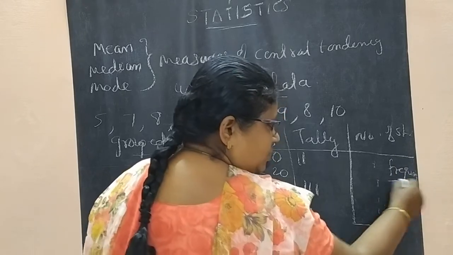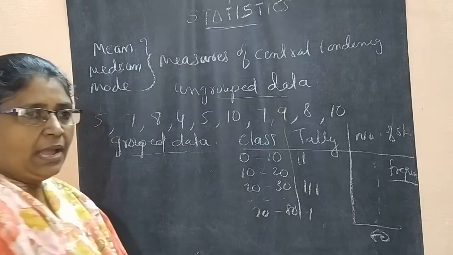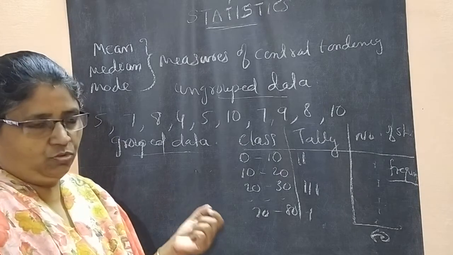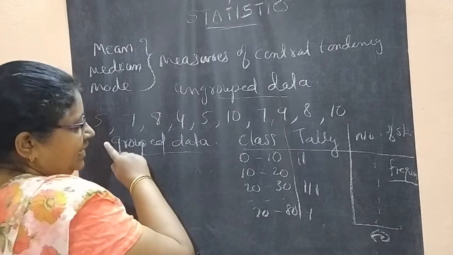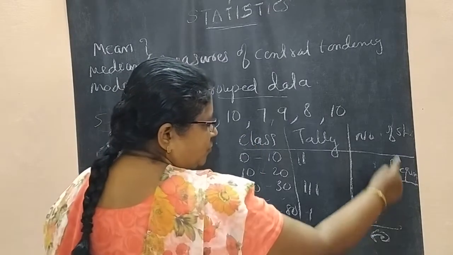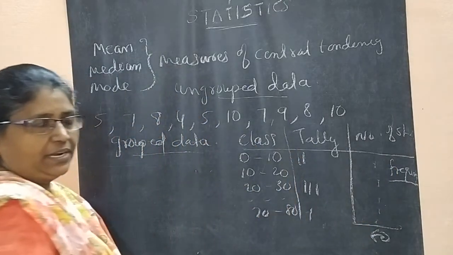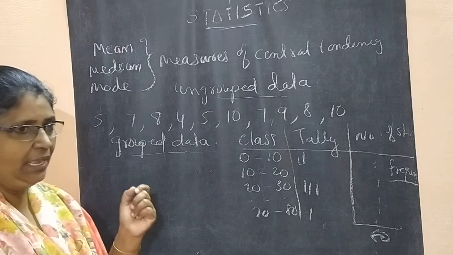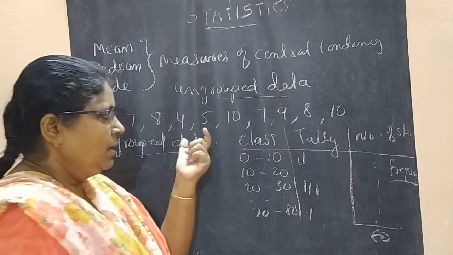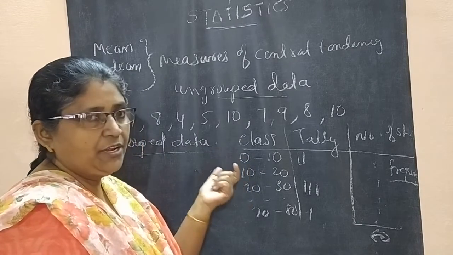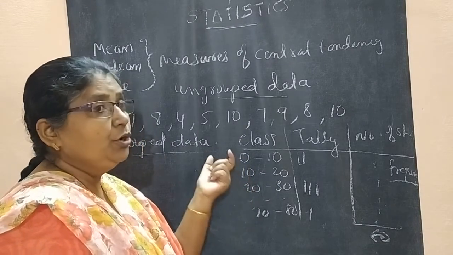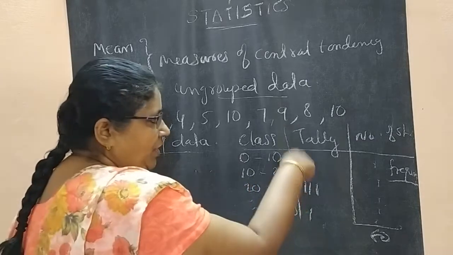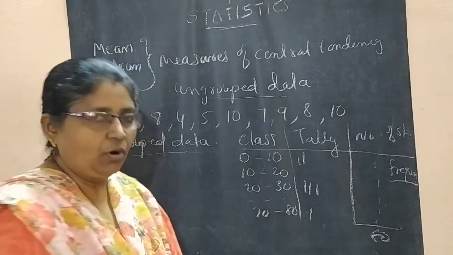That also you studied, the frequency. Number of observations is called the frequency. So if we arrange the ungrouped data in this form, it is called grouped data. And in 10th class you are going to study how to find the mean, median and mode of grouped data. In 10th class no need of finding the tally marks and all.